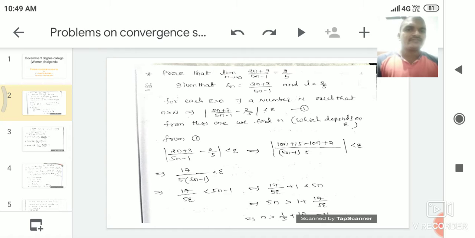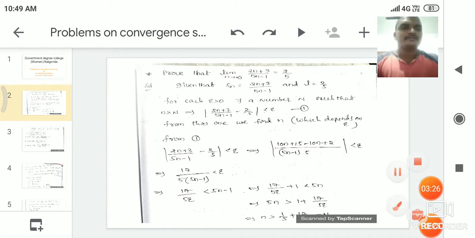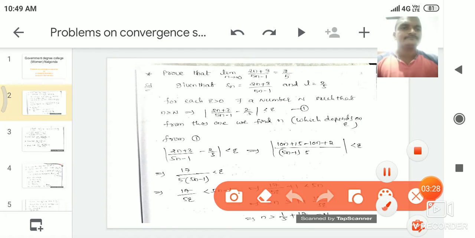Minus 1 goes to the left hand side: 17 by 5 epsilon plus 1 is less than 5n. This can be written as 5n greater than 1 plus 17 by 5 epsilon. Here we divide by 5 on both sides, and we get n greater than 1 by 5 plus 17 by 25 epsilon.